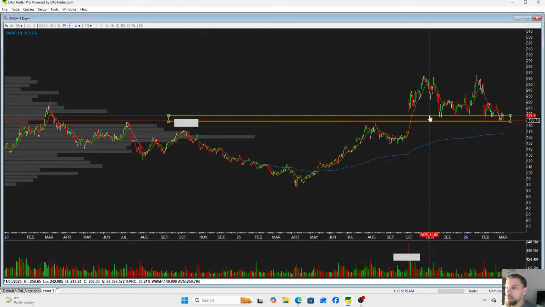So area of resistance 197.8, 200 is a really good psychological area. So that is something that's in play potentially. Really, my eyes are set on Micron and Nvidia right now. But again, it's whatever is near the box is what I'm playing.